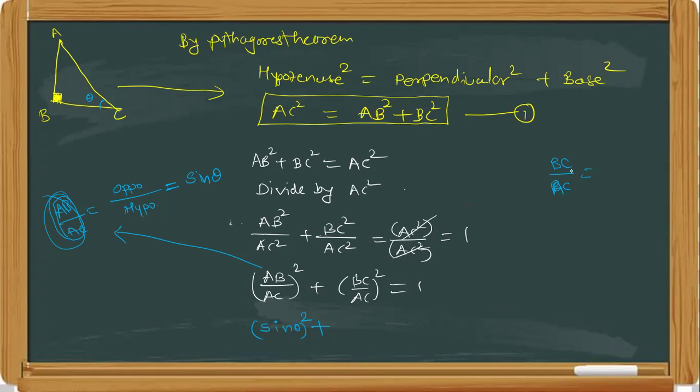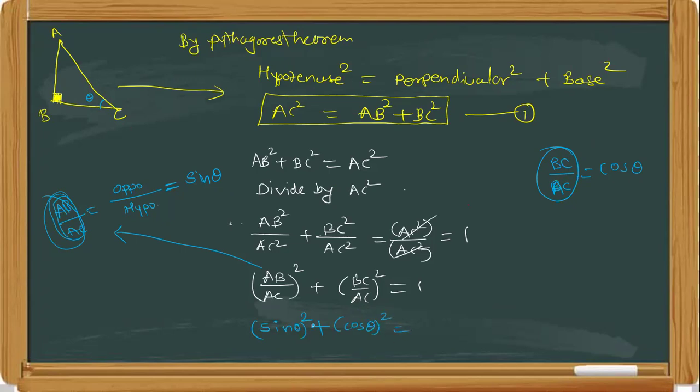What is this ratio in trigonometry? Cos theta. Adjacent upon hypotenuse. So it is nothing but cos theta. So in place of BC upon AC I am writing cos theta, and its square is there.